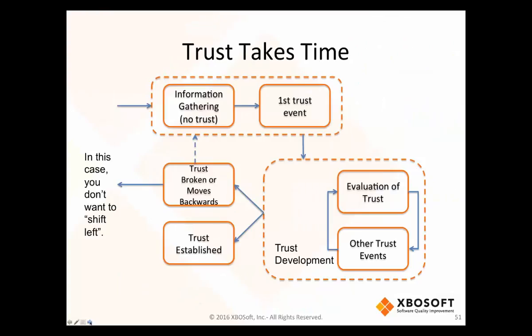And so I kind of drew up this schematic here about trust development, and this applies actually to not only applications but also life, right? You think about it, you meet somebody in the beginning and you're kind of gathering information on them, and then perhaps you have one, what I call a trust event.